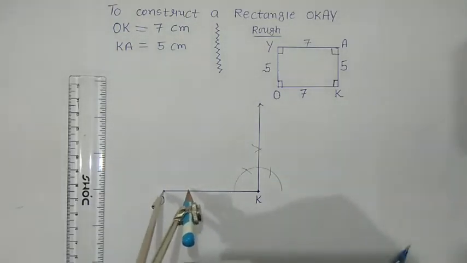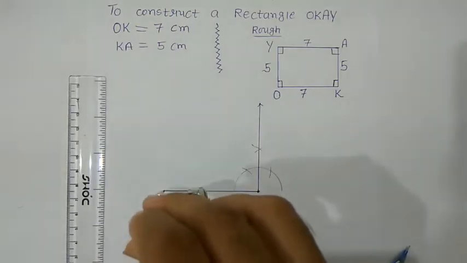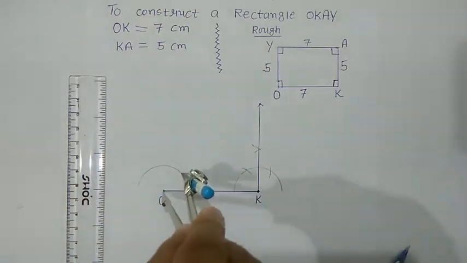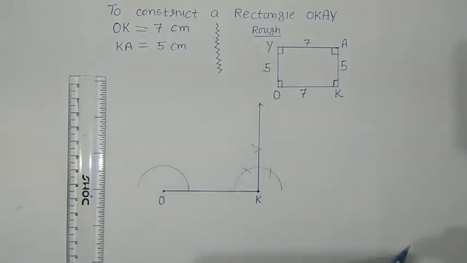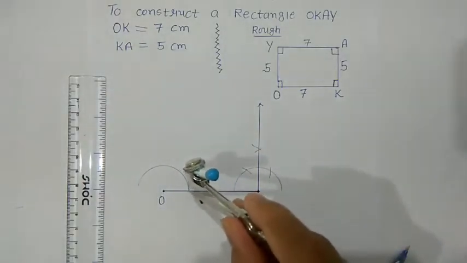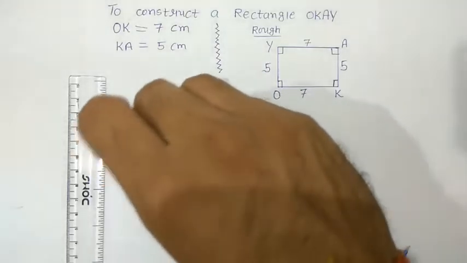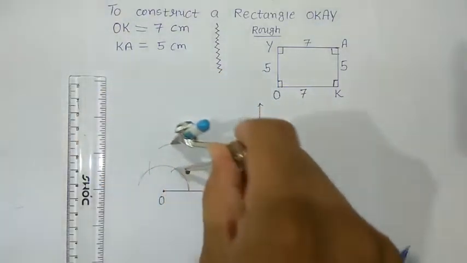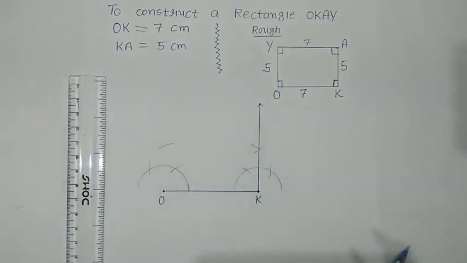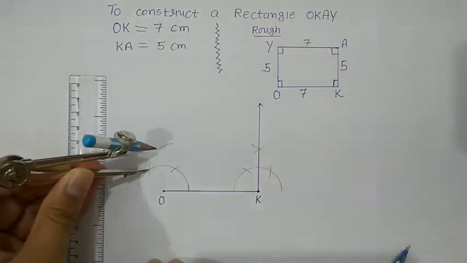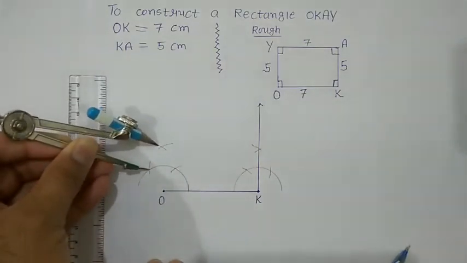Keep the point at O and make a semicircle in this way. Now with the same radius make two arcs, one here and second one here. With the same radius also make one arc here, and now make one another arc from this point that will intersect this point.